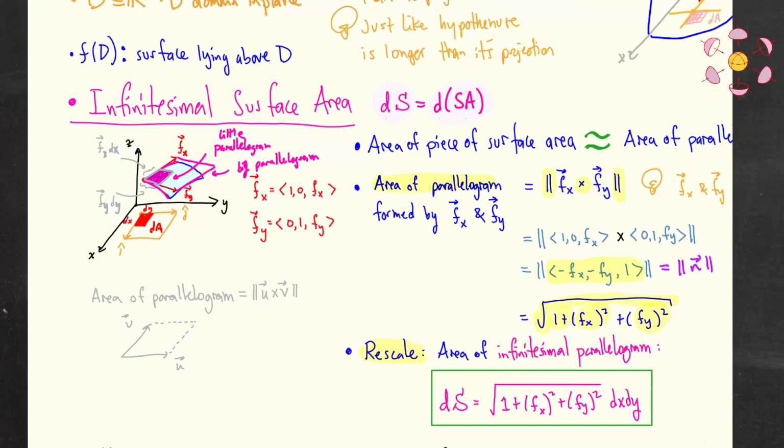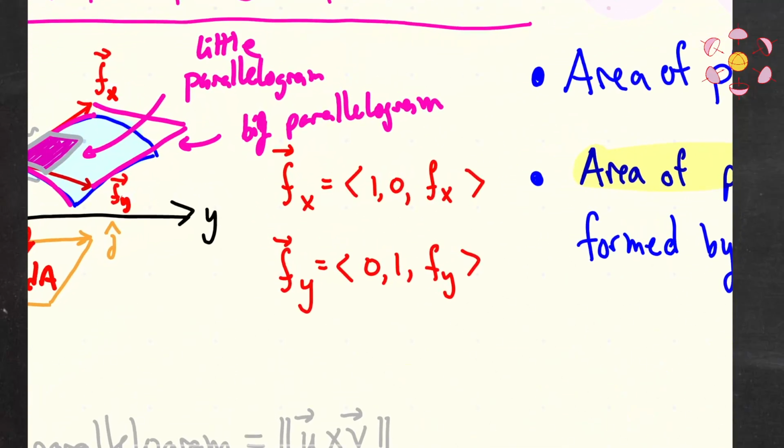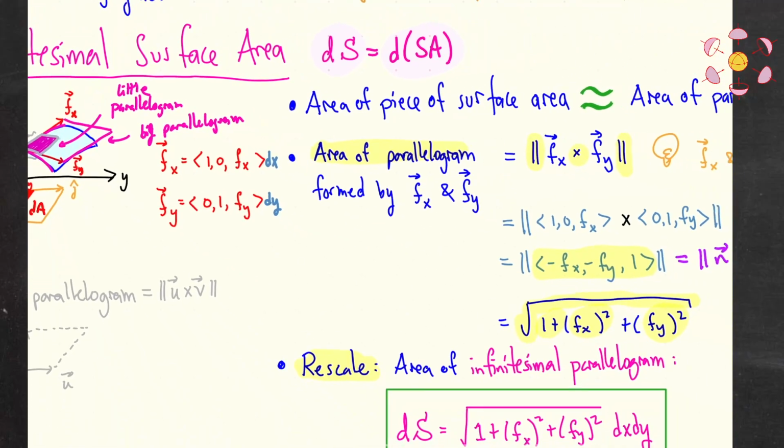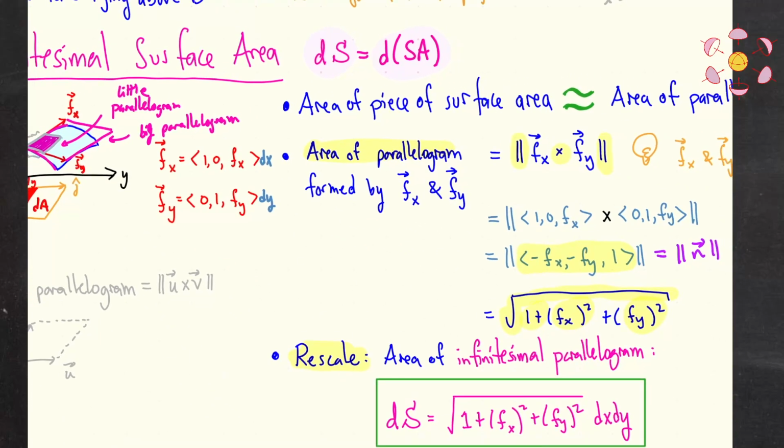Time to rescale. And remember, if we rescale, we end up multiplying by dx and dy. And in fact, we could do this calculation completely by just putting the dx and the dy here. And when you do the cross product, you remember that actually scalars can pop out of the vectors.